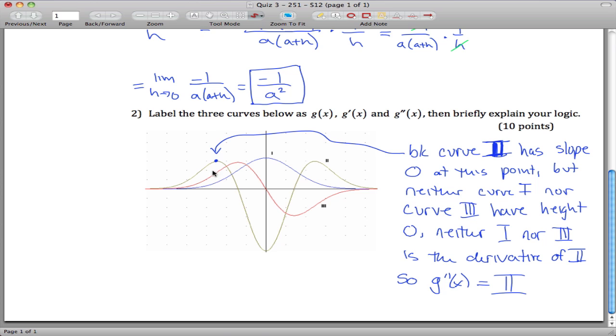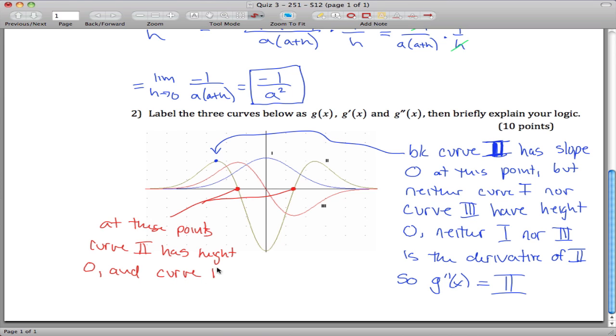Now what we can do is be like, okay, this curve right here, curve 2, which curve is that the derivative of? So if you look at this point right here and this point right here, this is when curve 2 has height 0. But what I want you to notice is curve 3 has slope 0. Right?